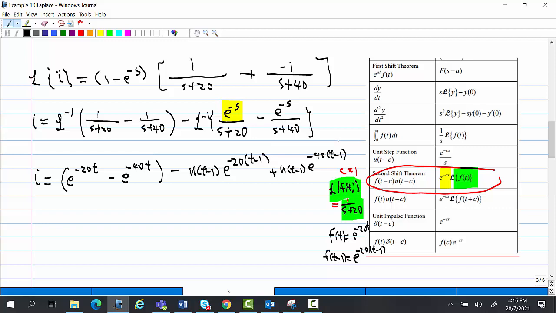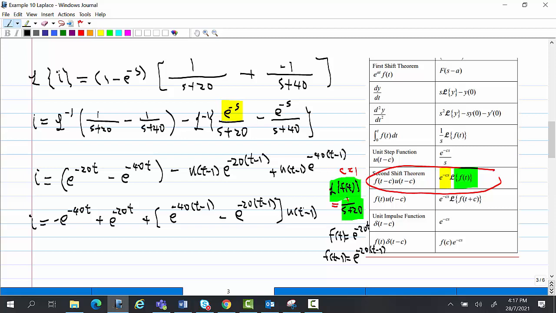Then you combine together, you get i equal to e power minus 20t minus e power minus 40t, minus, taking out the common factor, (e power minus 20(t minus 1) minus e power minus 40(t minus 1)) times u(t minus 1).